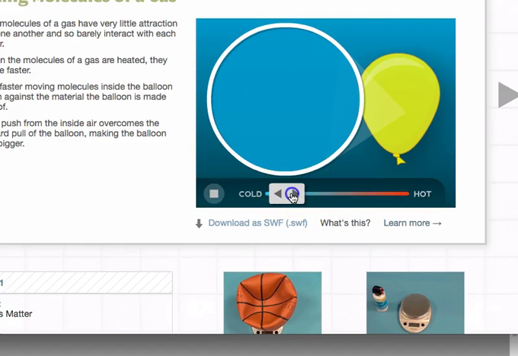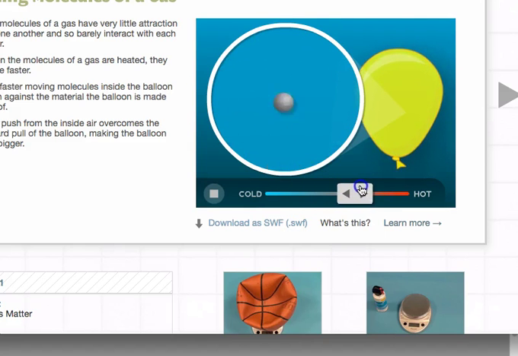Okay, let me heat it up. And now it's going faster and faster. So again, go ahead, answer the question: do the molecules of a gas move faster at the high or the low temperatures? Pause the video if you need to answer the question.